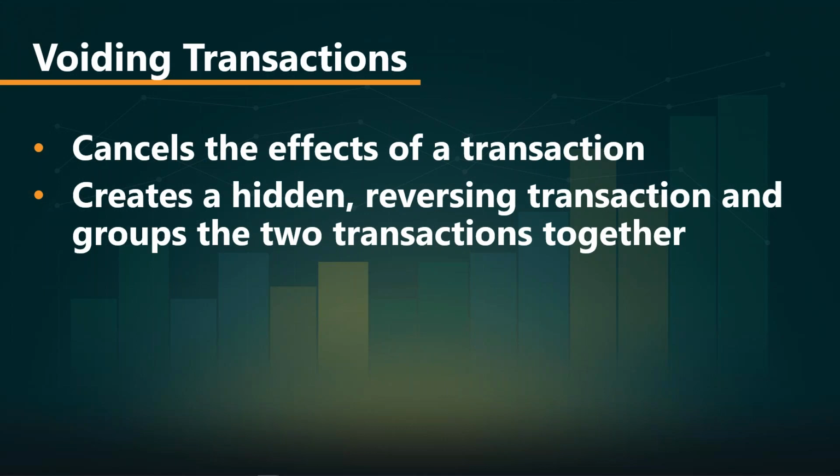And due to its nature, voiding a transaction is a permanent process, so it cannot be undone. So it's definitely worth erring on the side of caution, making sure that you actually do need to void this transaction. And if you are ever in doubt, you can always use a journal entry as well.